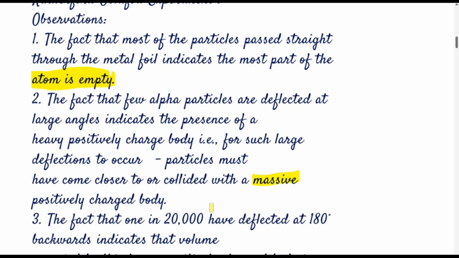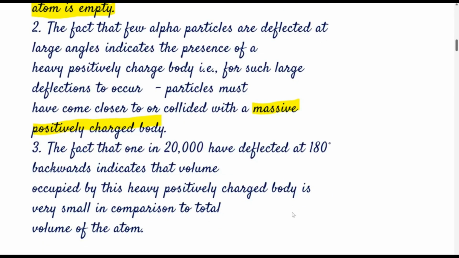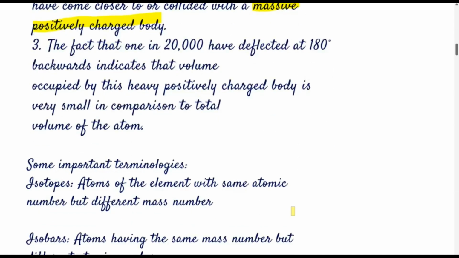The particles which get deflected at 180 degrees backwards indicate that this heavily positively charged body occupies a very small amount, and the rest is empty, and inside that electrons are present, so that these alpha particles get deflected.